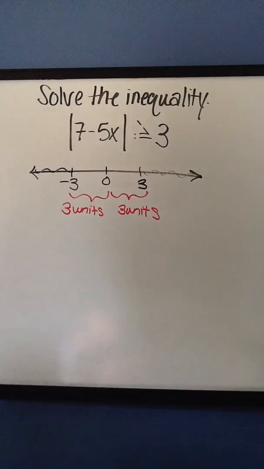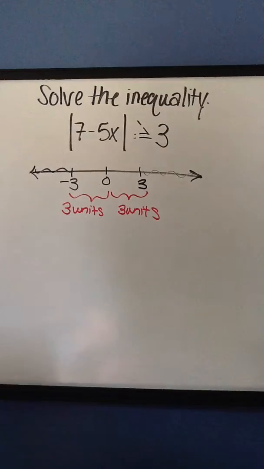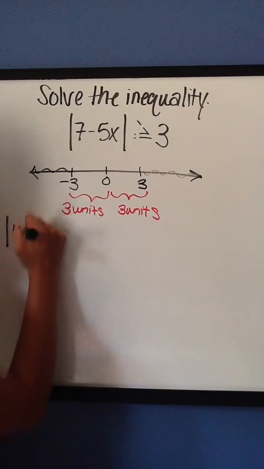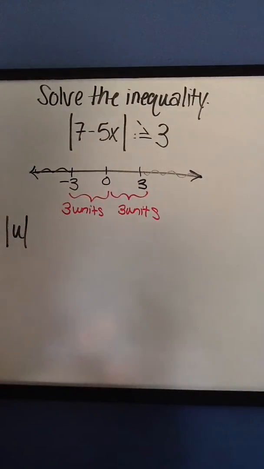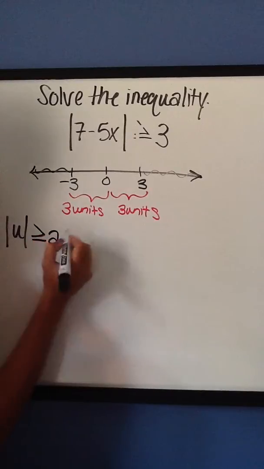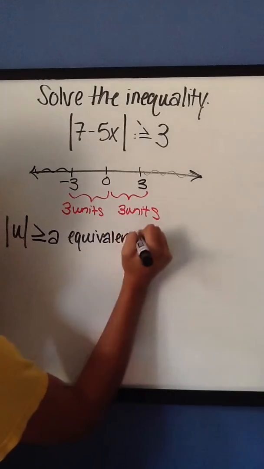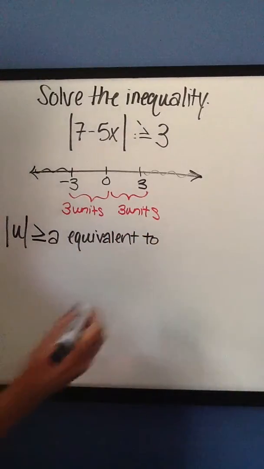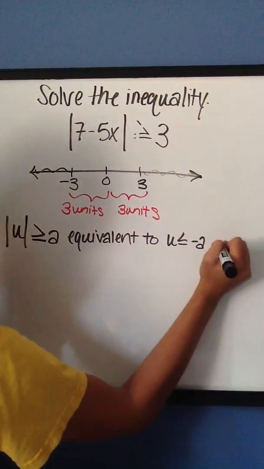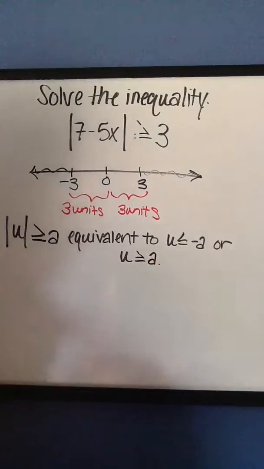And there's one statement that allows us to help solve this inequality that we need to go over before we can actually proceed. And that is the absolute value of u, just being a general for any absolute value, when it's greater than or equal to a, is equivalent to u less than or equal to the opposite of a, or u being greater than or equal to a.